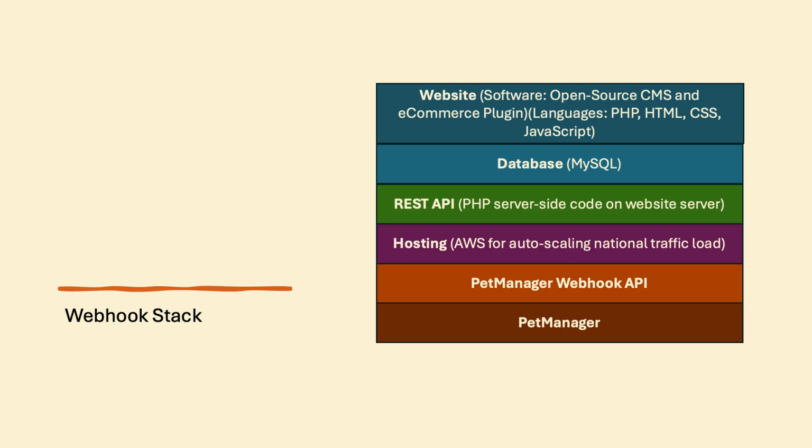For the webhook stack, you start with the webhook API, and you're really looking at that system first. Your capabilities of what you do are based on what can trigger that event. Once you know that webhook's API and know here's the data that can be sent, here's what triggers the event, then on the receiving side, in this scenario, it's the REST API in green, you'd say, okay, now that I know what data can be sent and what triggers, you write something to receive that, to consume that data.